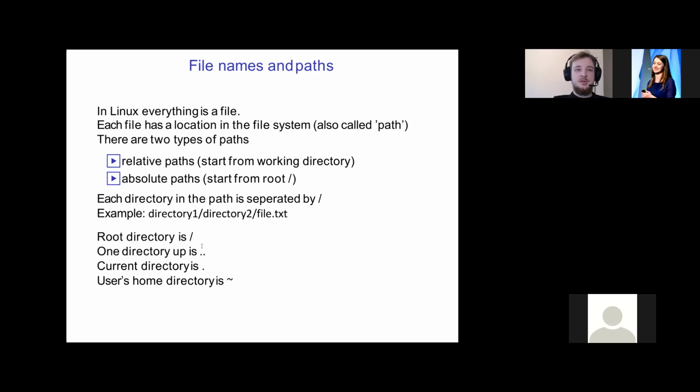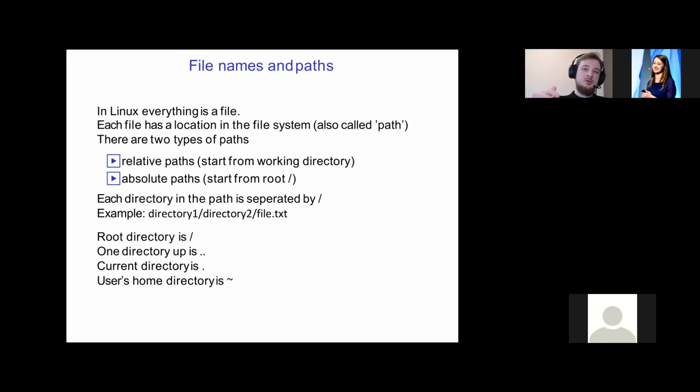The root directory is /. To go one directory up, or maybe up isn't the best way to say it, the better way is backwards. If you want to go back one directory, then it's two points. If you want to specify the current directory, then that's one point.